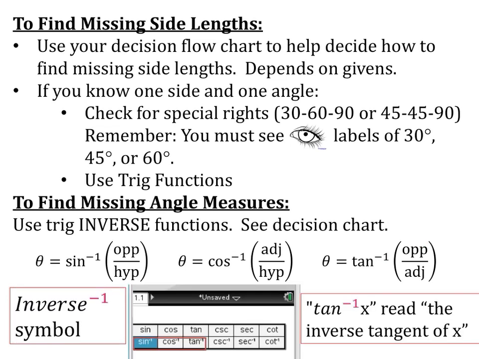You can find all your inverse functions within the trig menu on the calculator, and just remember your inverse symbol is this power of -1. This right here would be read as the inverse of tangent of x.